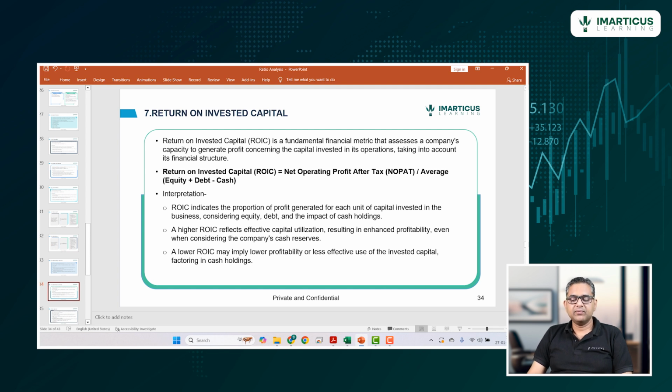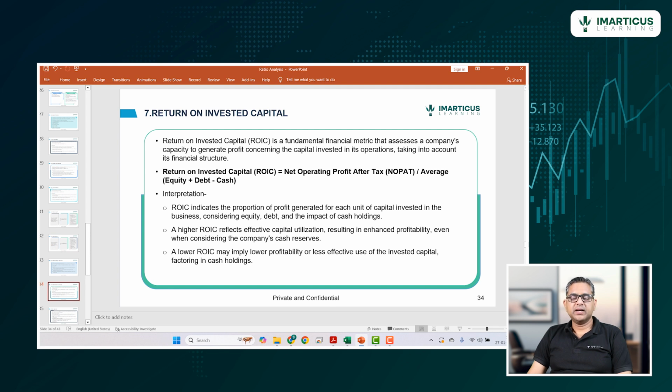It is a fundamental financial metric that assesses a company's capacity to generate profit concerning the capital invested in its operation, taking into account its financial structure. It is calculated as NOPAT divided by average equity plus debt minus cash.